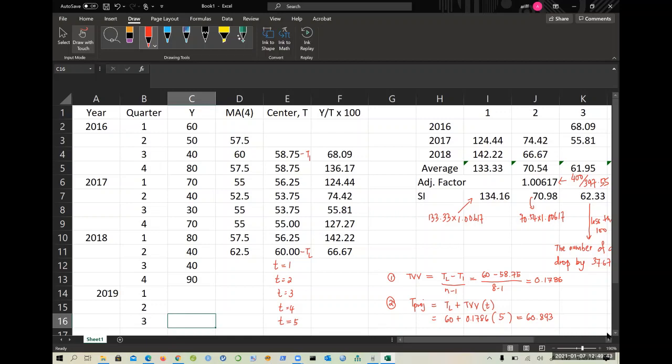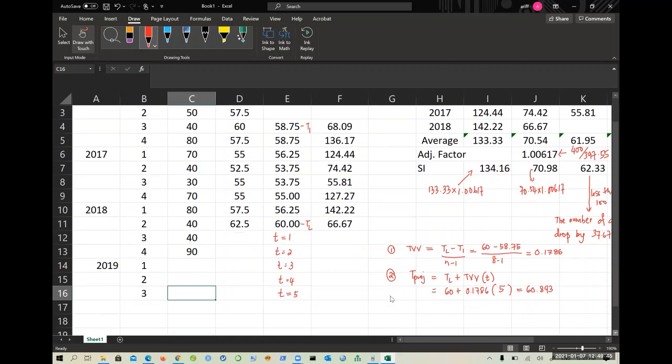So the next one, the last point is to forecast. So to do the forecasting, number 3, the forecast value, y hat for the third quarter 2019, is given by the T projected multiply with the seasonal index. So in this case, you want the third quarter, so the seasonal index for third quarter.